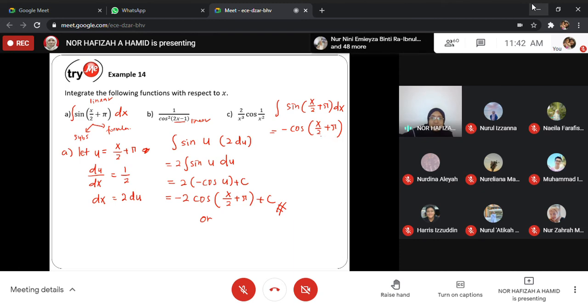Okay, lepas tu differentiate balik x over 2 plus pi dapat 1 over 2. So divide with 1 over 2 plus with C. So also you have negative 2 cos x over 2 plus pi plus with C. Okay, sama je answers dia kalau you solve using substitution method.